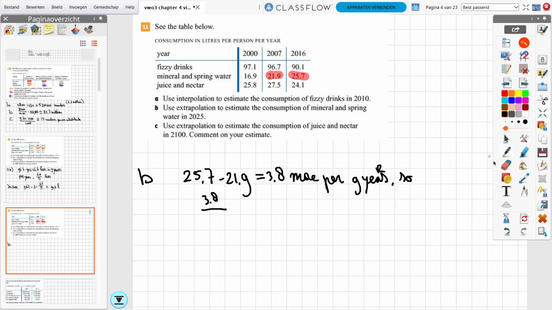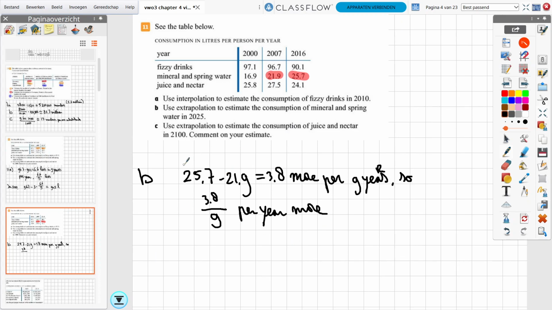Well, let's do it the way I normally would. Normally I would say that means 3.8 over 9 per year more. And you will see that you don't have to do that for this exercise, actually.